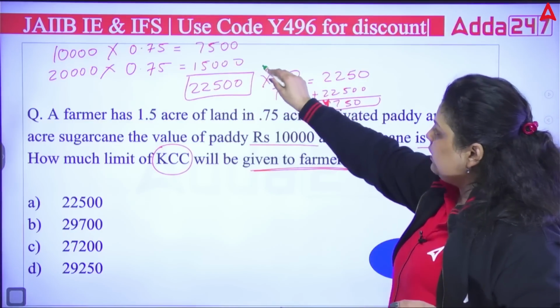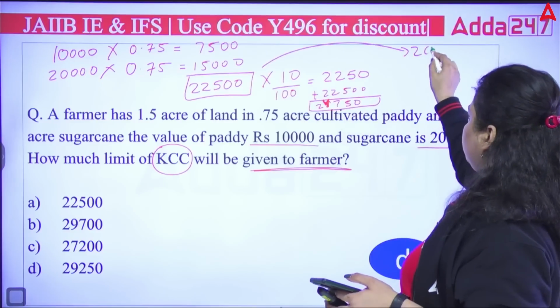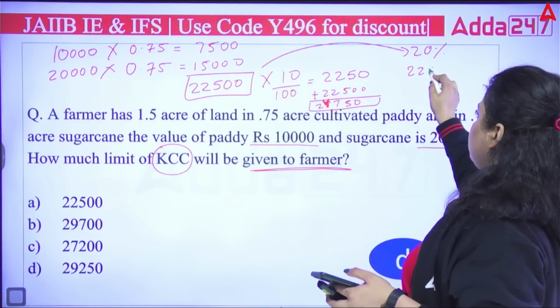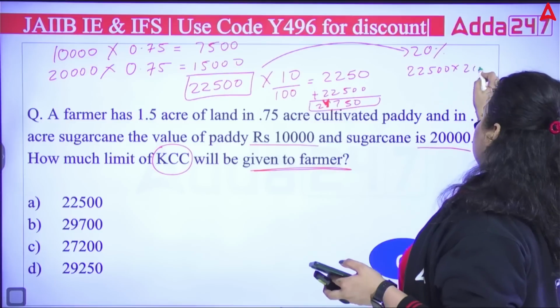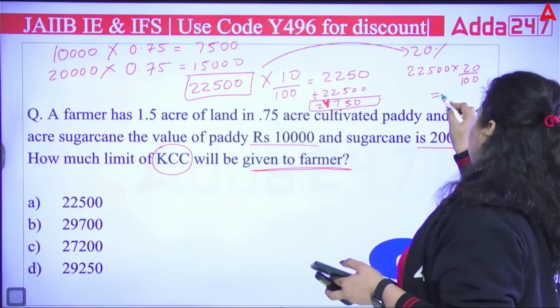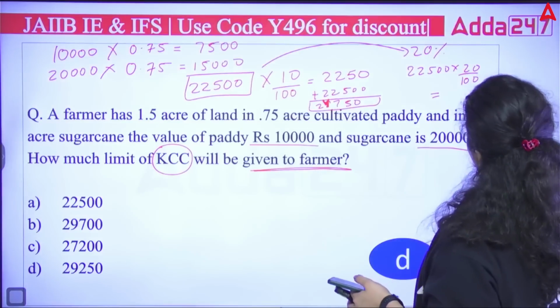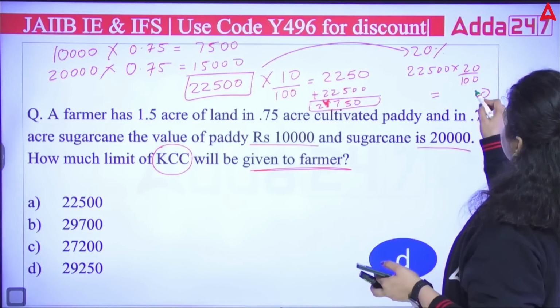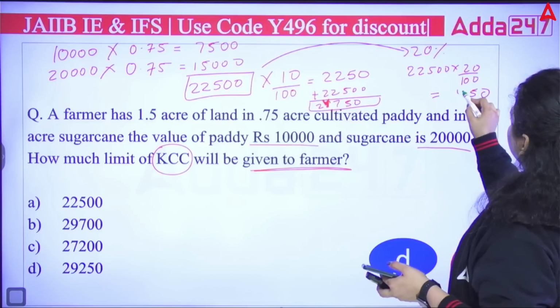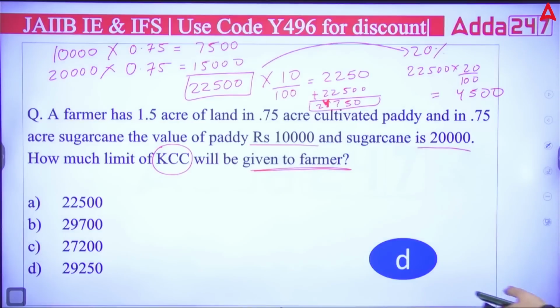Now we have to calculate the 20% value of 22,500, and it will be 4,500.